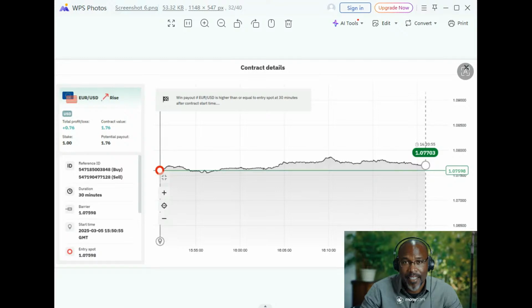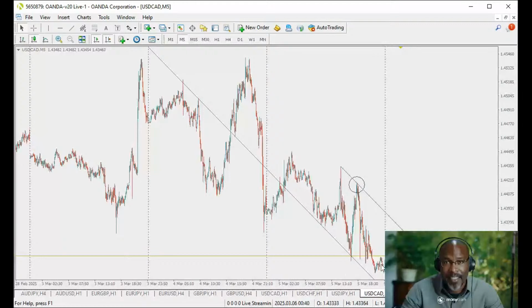Let me try to find that image. Okay, here it is. So I wanted to see the pair reverse direction right here.